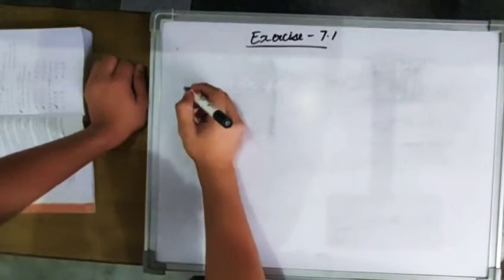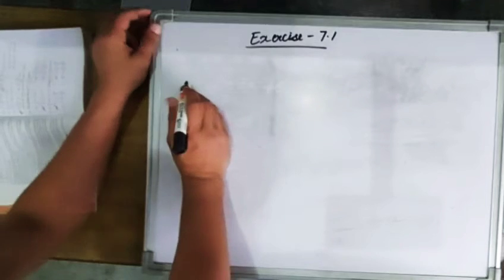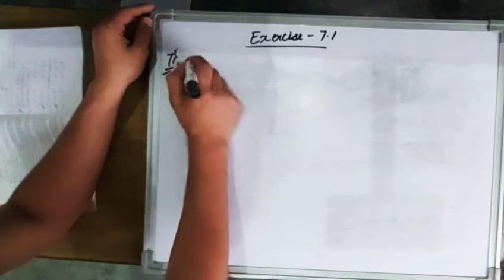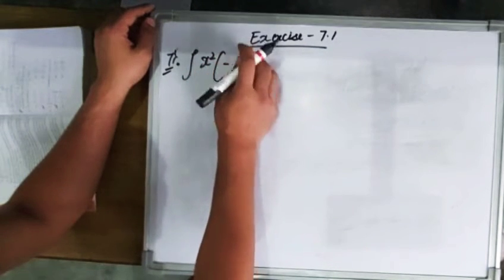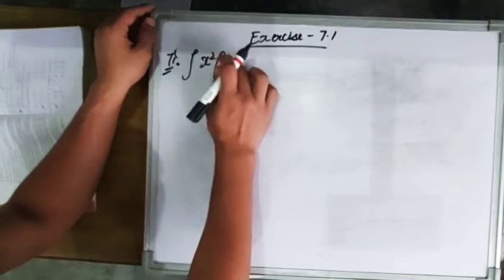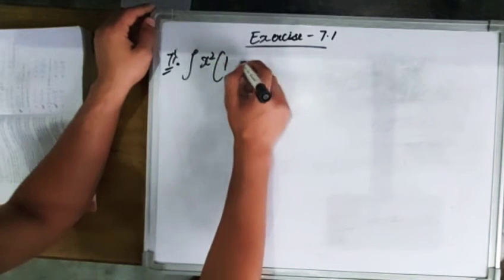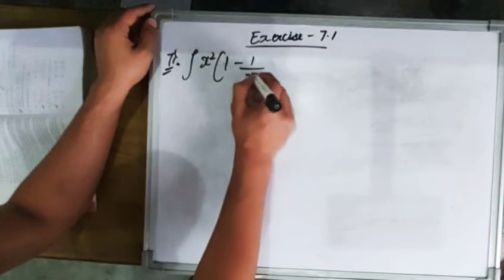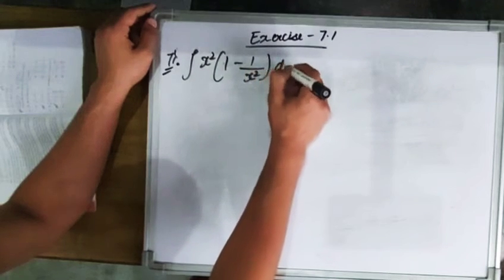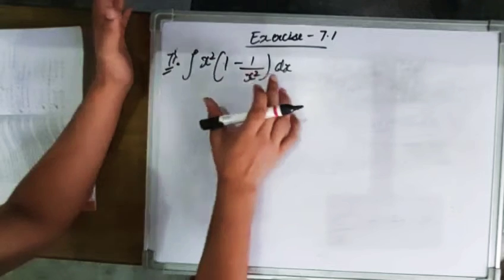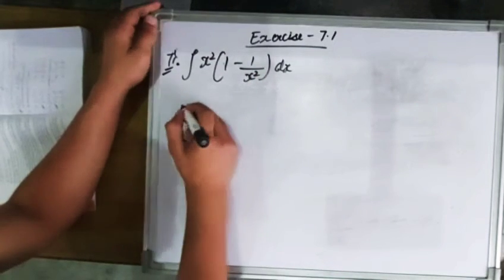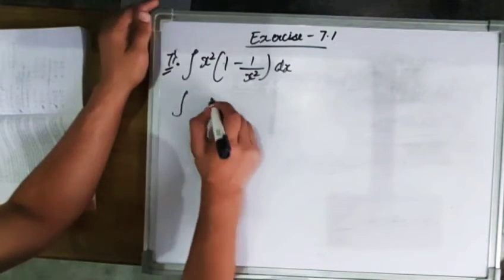Our seventh question from exercise 7.1 is the integral of x square times (1 minus 1 upon x square) dx. In this question we need to find the integral. So simply we are going to open the brackets to make the question simpler.